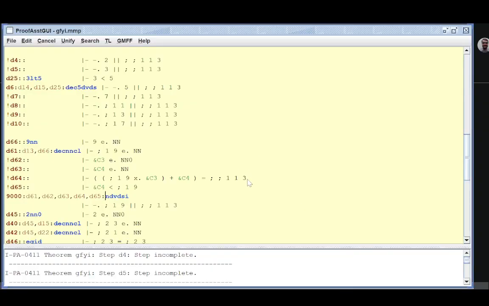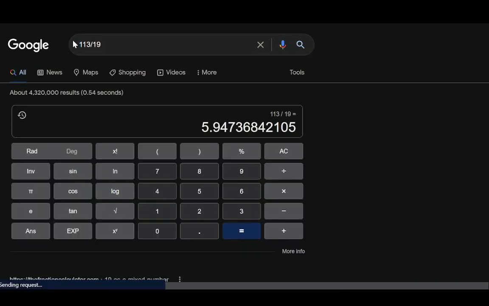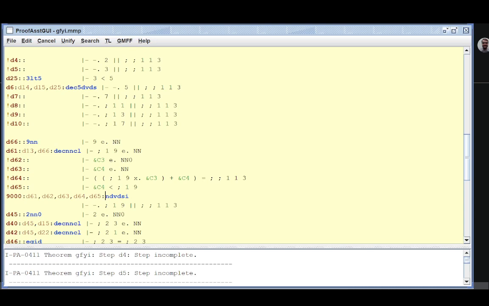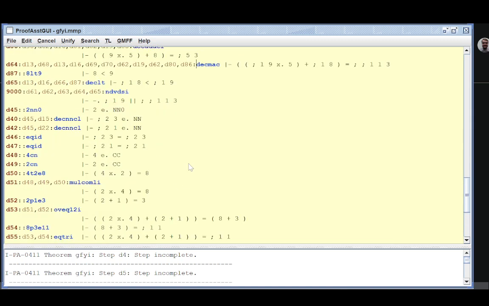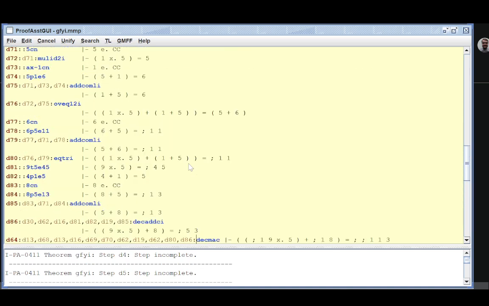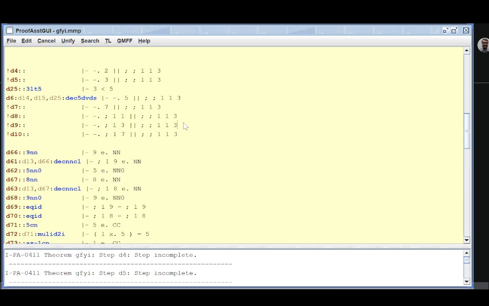Oh, okay, let's just do 113 divided by 19. We get 5.9, so it's 5. I want 19 times 5, and the difference from 95 is 18. Boosh. Okay, feeling a bit suave all of a sudden. I think that's done everything.